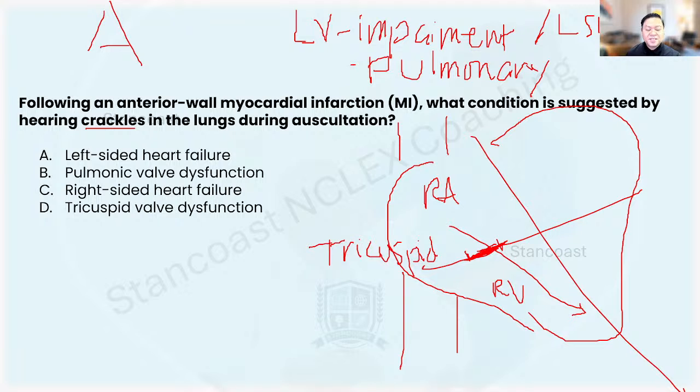And so that is why most of the manifestations that we're going to see in a patient with left-sided heart failure will be pulmonary signs and symptoms.